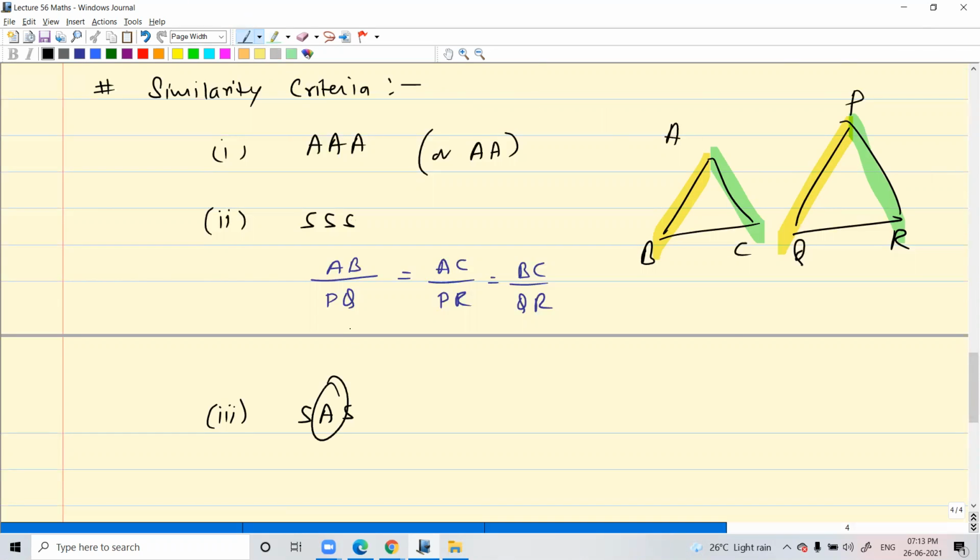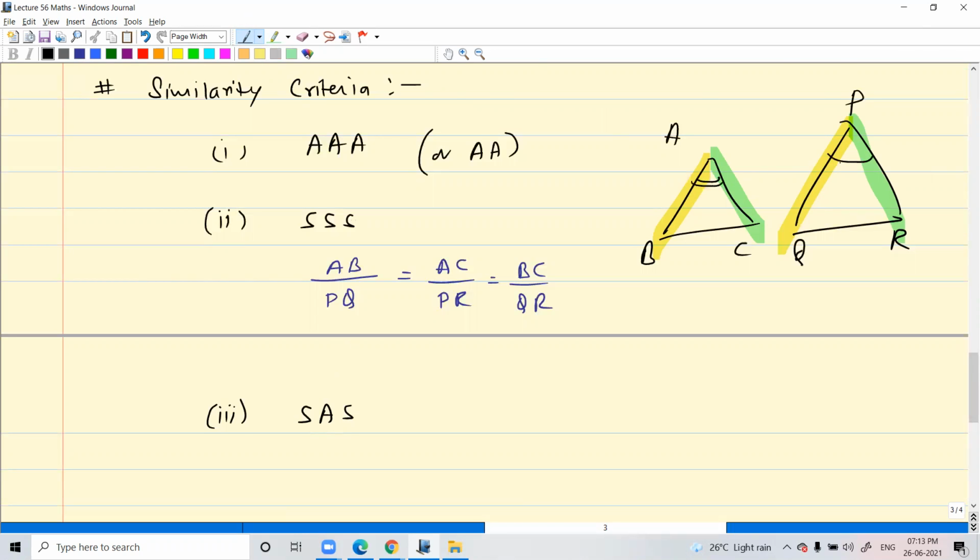Angle A has to be equal to angle P. Only then it will work. It should not be some other angle. It is two sides and the angle between them. It doesn't have to be only this one. It could have been AB, BC, and the angle between, and PQ, QR and the angle between. Any one pair, side angle side.